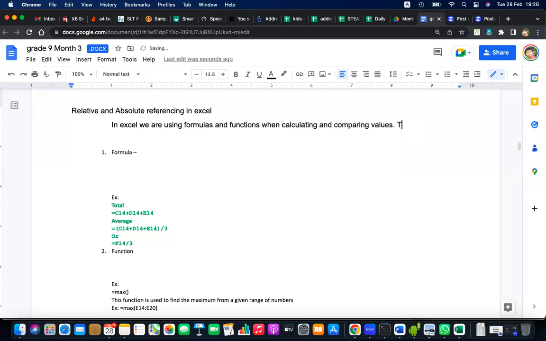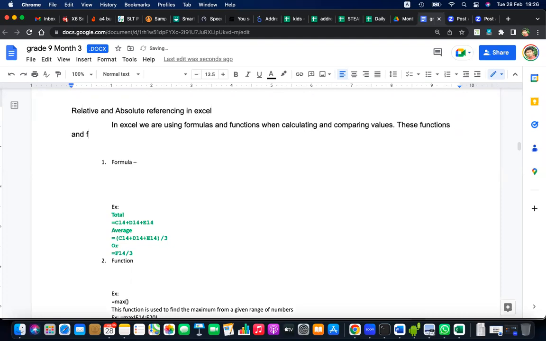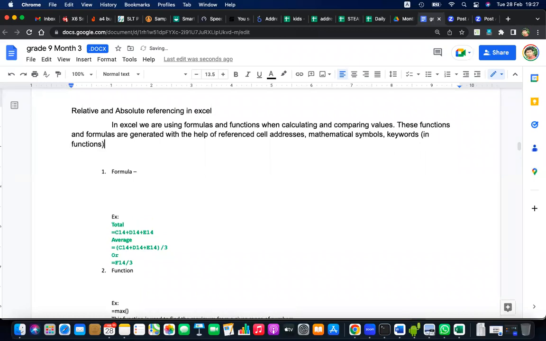These functions and formulas are generated with the help of referenced cell addresses, mathematical symbols, keywords, in functions we are using keywords, and values.